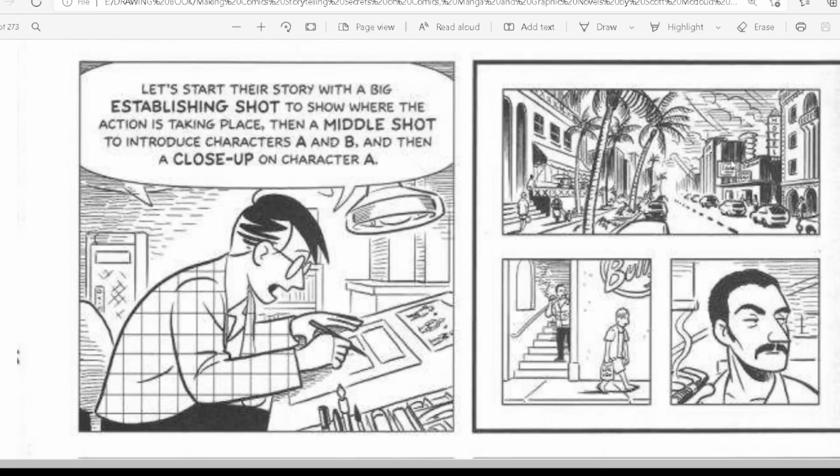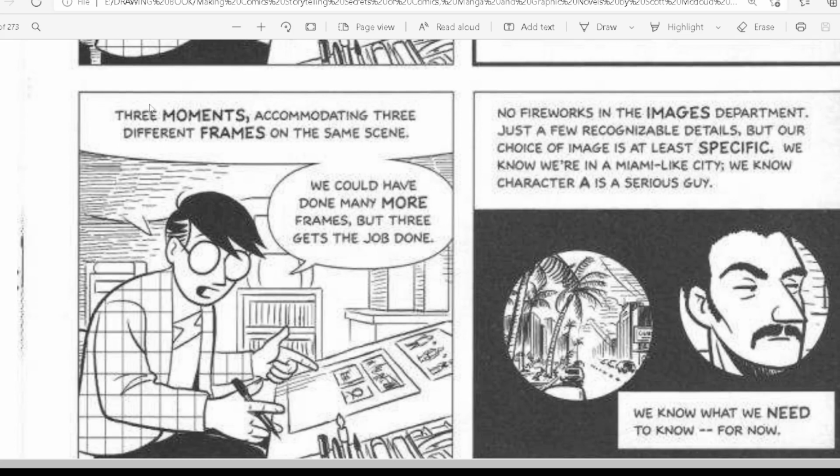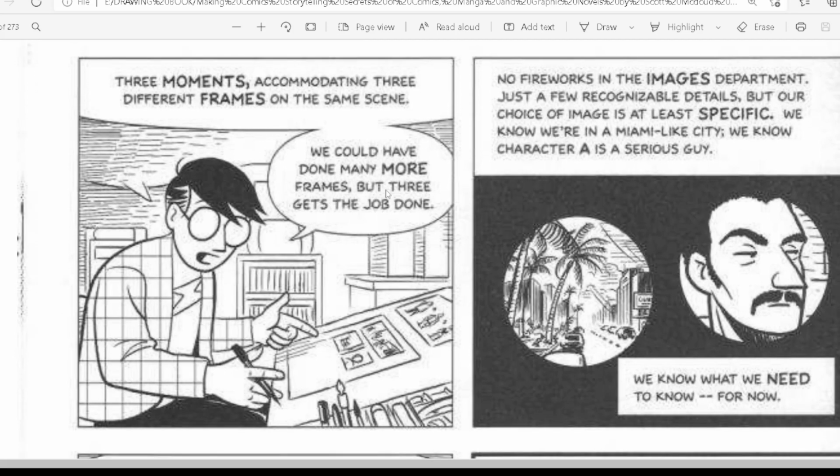So basically in this scene, at the same time, like if the time is right now 2:30, at that time the background of that scene is like here, and at the same time this one, and at the same time this one. So that's what the author is saying: three moments accommodating three different frames on the same scene. We would have done many more frames, but three gets the job done.